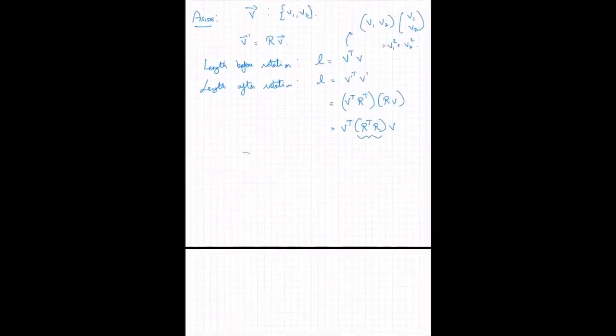So this implies that R transpose R equals 1. Okay. So matrices that obey the rule that the transpose times the matrix itself is 1 are called orthogonal matrices.